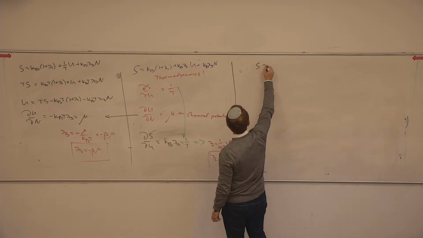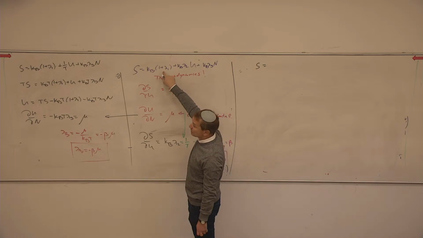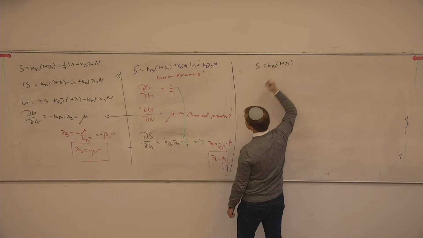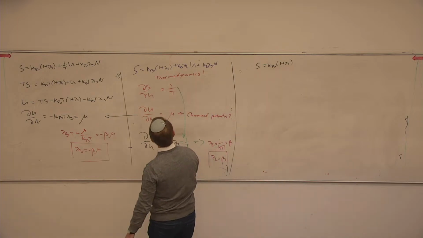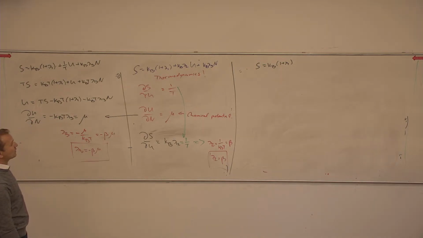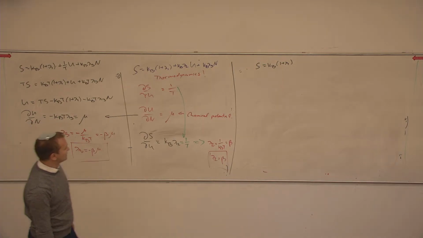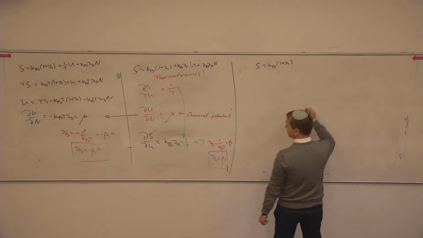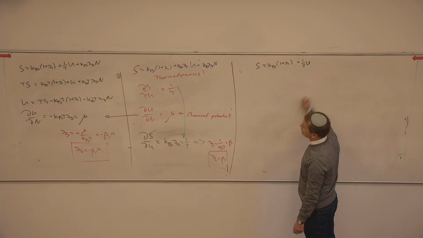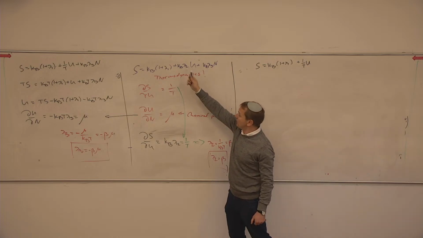So S equals, this term stays the same, k Boltzmann (1 plus lambda 1). The second term is k Boltzmann lambda 2. Lambda 2 equals 1 over k Boltzmann T, so it's just 1 over T U. Right? I substituted this expression instead of lambda 2.